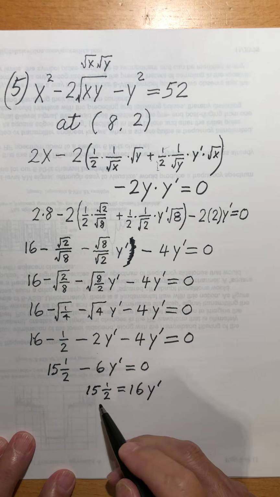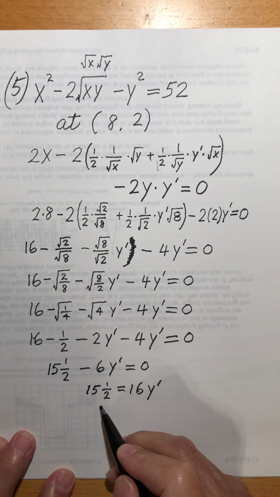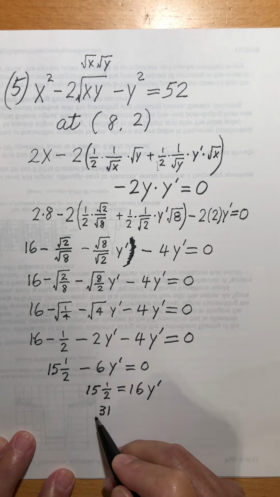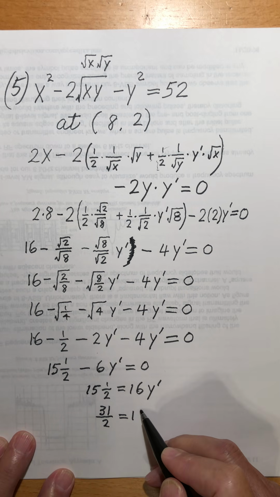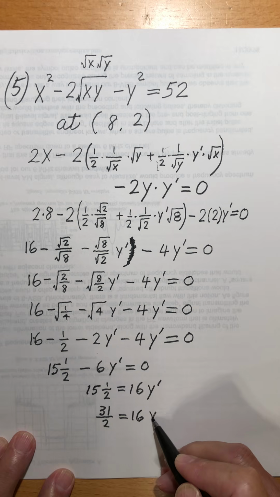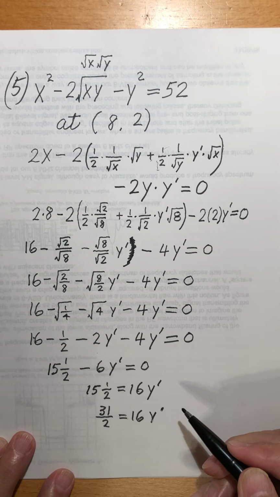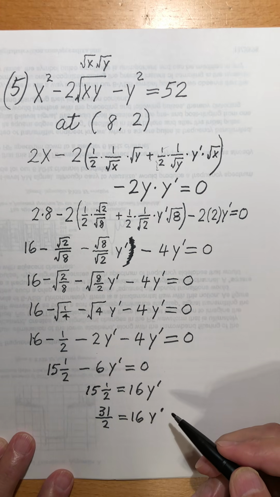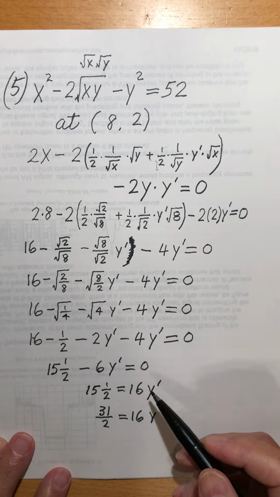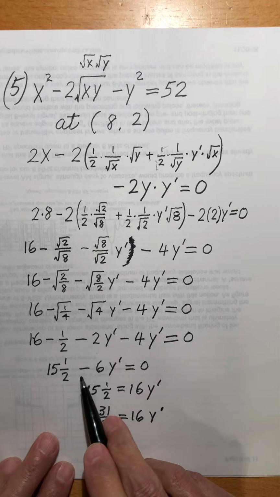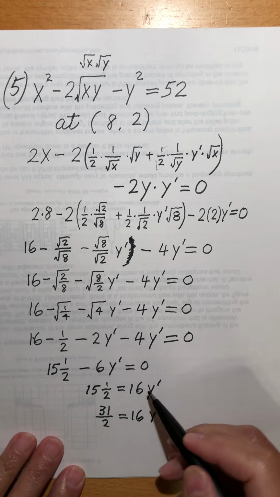Change this to an improper fraction. So this 31 to... let's see now. Oh, sorry. Minus 6y.